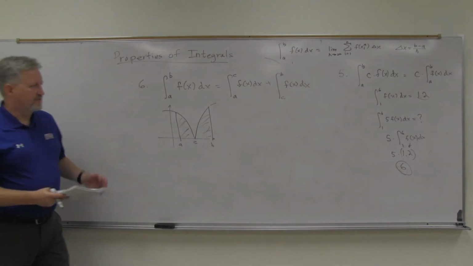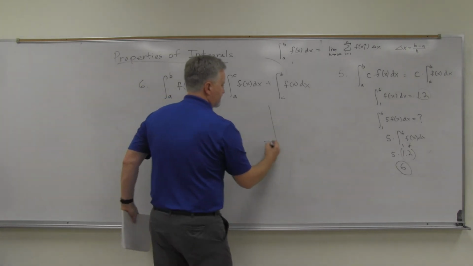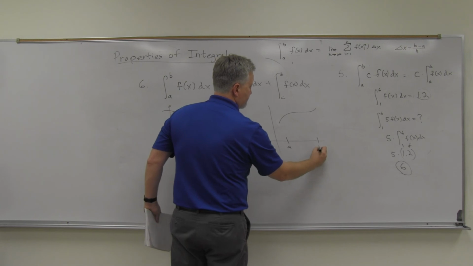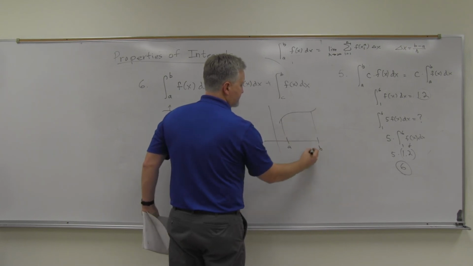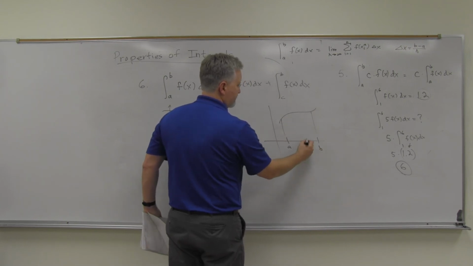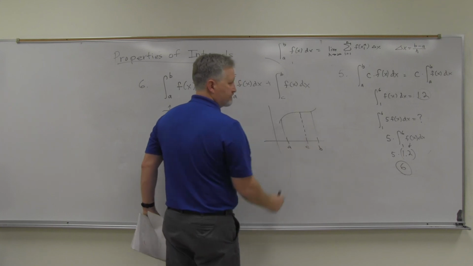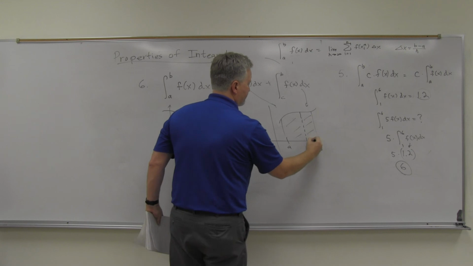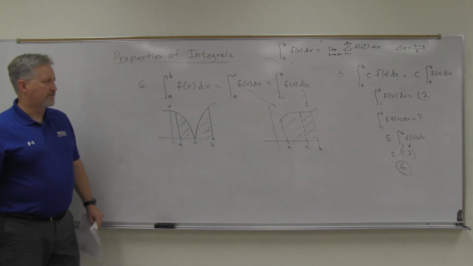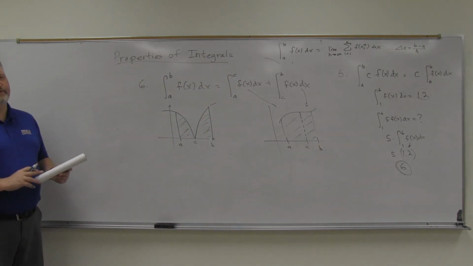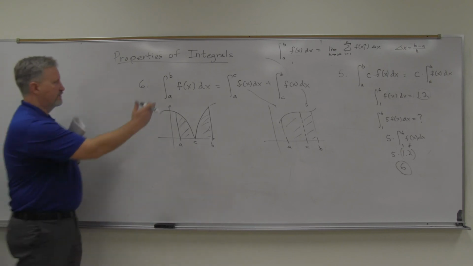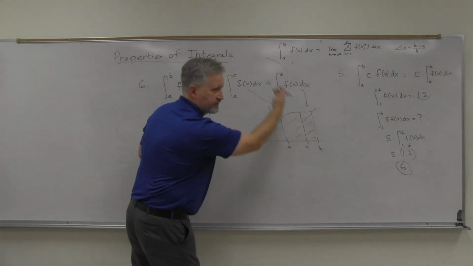Like I said, it doesn't have to be corners. We'll go from a to b, and I can pick any c out here. It doesn't even have to be in the middle. It's the same idea. That would be this area, that would be this area. That's a good example of one that it works well for. In either case, you're going to get that integral from a to b covered with those.